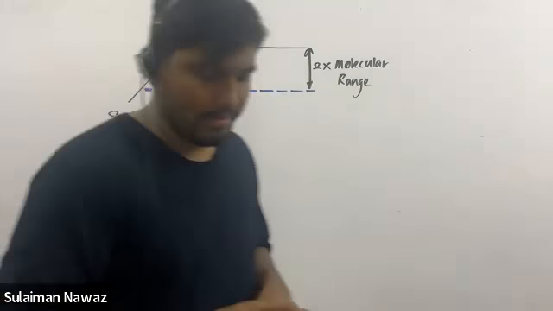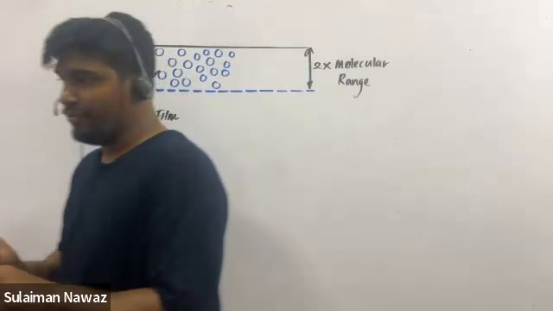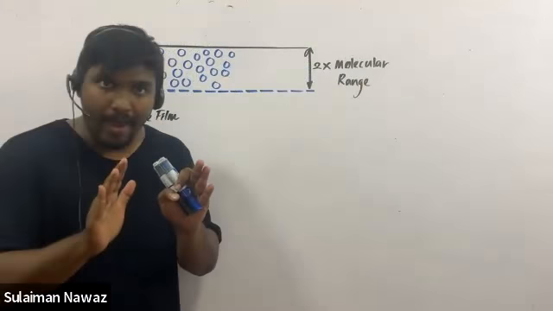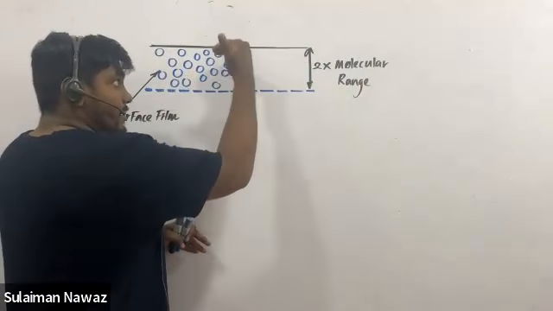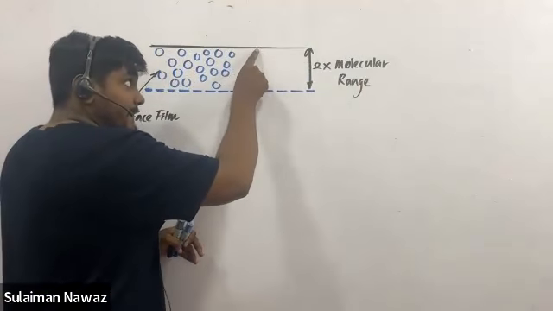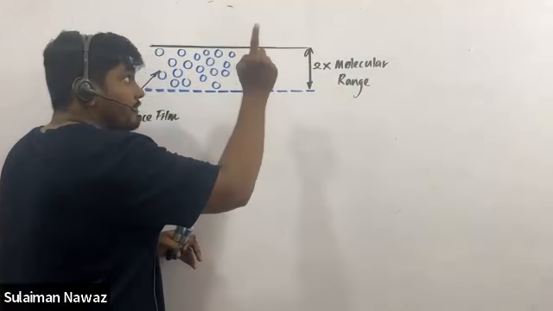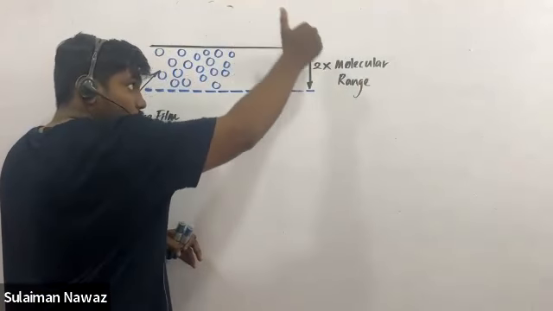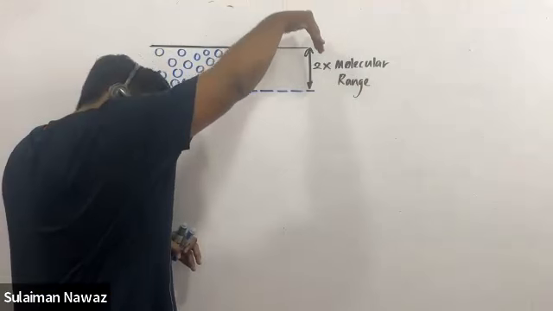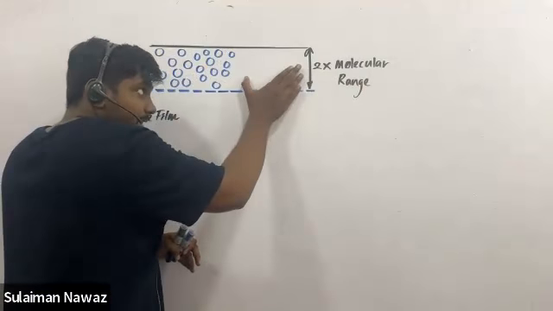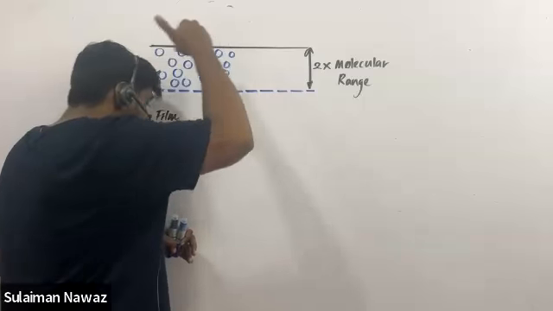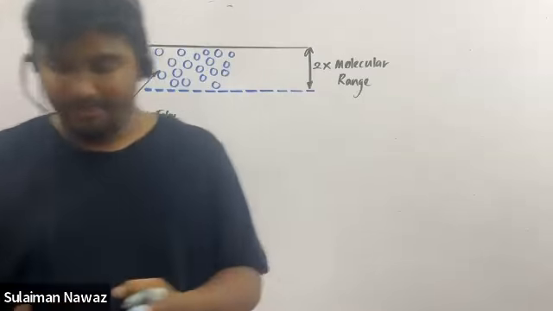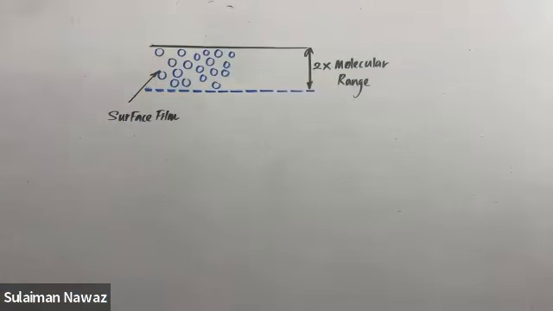We know that when we consider liquid particles in the surface film, between the surface of the liquid and the distance of two times the molecular range into the liquid, these liquid particles undergo some kind of resultant force in the downward direction.